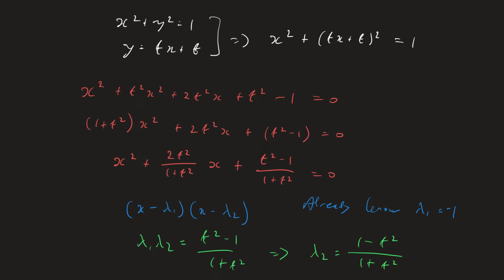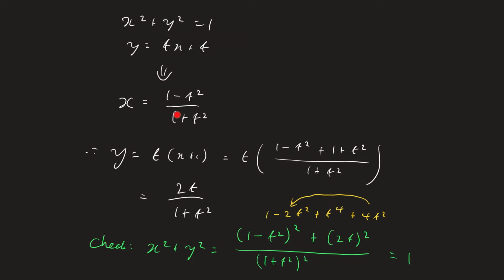So we know that lambda1 lambda2 equals t squared minus 1 on 1 plus t squared, and we know lambda1 is -1. That's where the line intersects the circle back here at the point -1, 0. So that gives us that the second point of intersection, lambda2, is given by 1 minus t squared on 1 plus t squared, just -1 times this guy here.